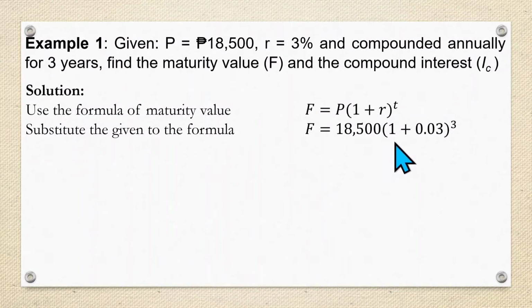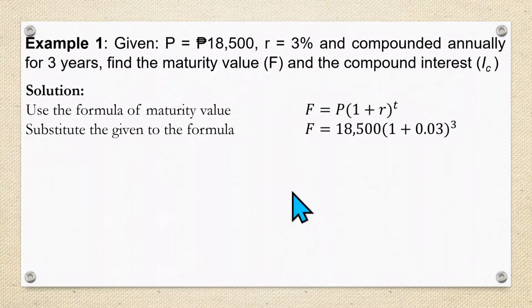So 1 plus 0.03 is equal to 1.03 raised to 3. So 1.03 cubed. You're going to multiply it by itself 3 times. You can use a calculator in computing this.